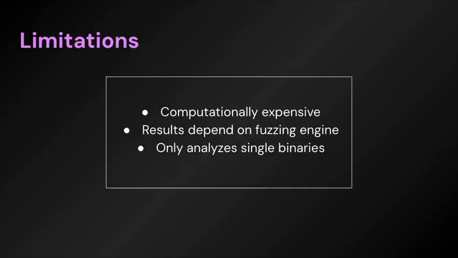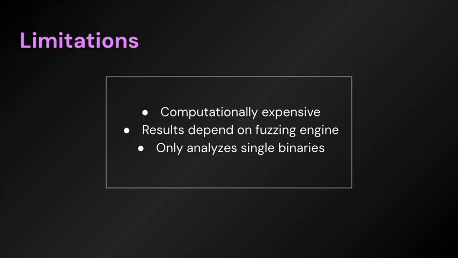Like any research system, Driller has limitations. First, it is still limited by the performance of constraint solvers. If solving a constraint becomes too complex, symbolic execution may still struggle. Second, the system depends on the quality of the fuzzing engine.